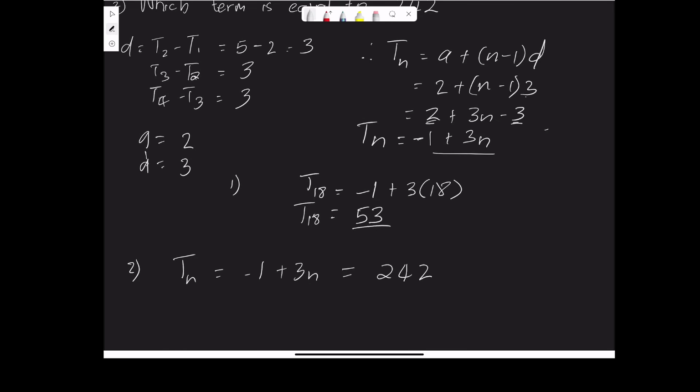So remember, Tn in this case, the term would actually give us that number 242. Okay, so now we can just simply solve for n and say, well, look, we've got an equation here. It's a linear equation. So what that tells us is that we can now use our linear equations.